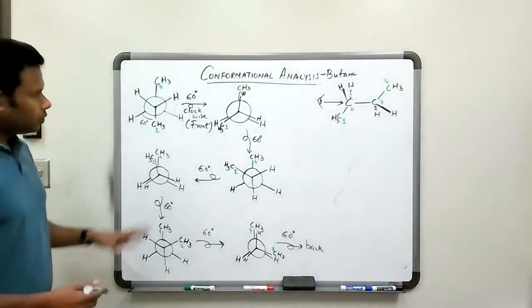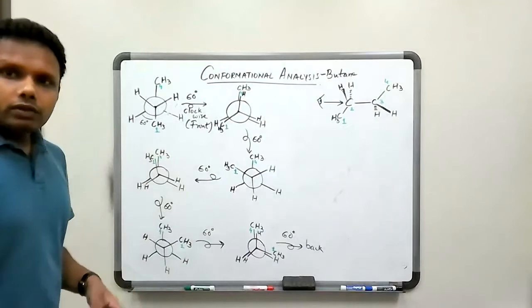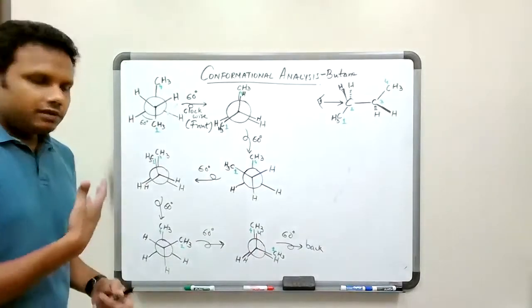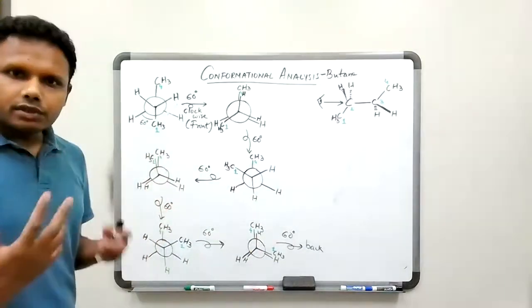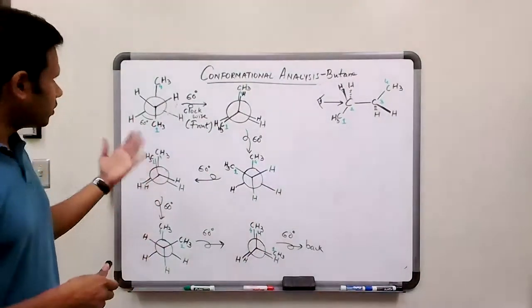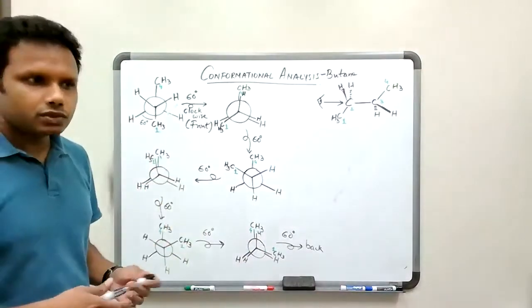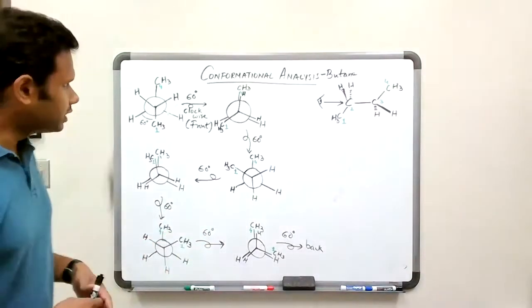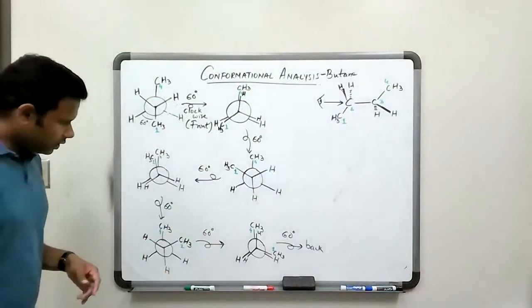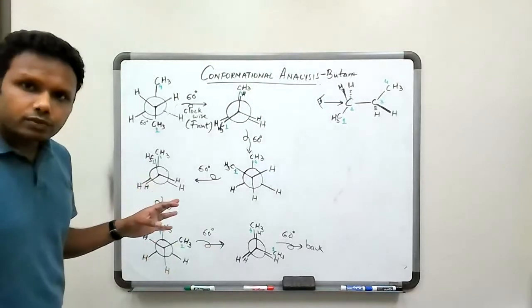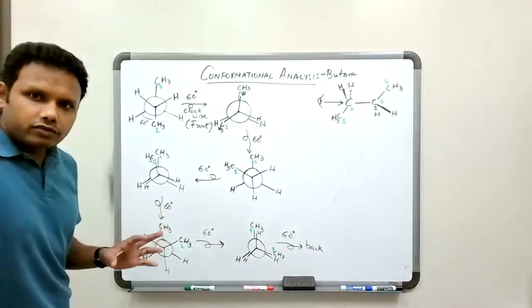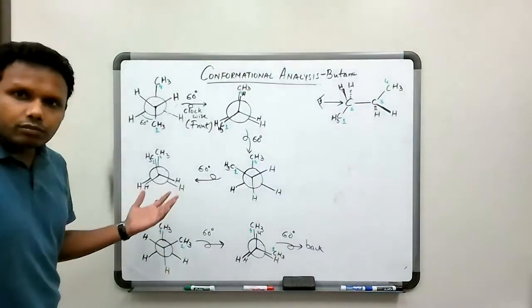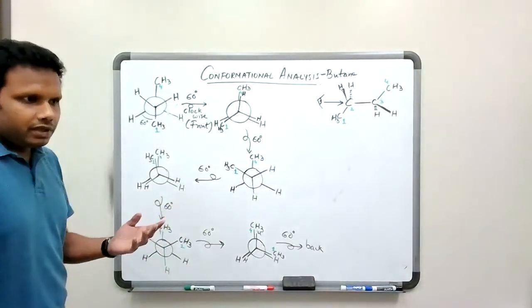Okay, so now that we have all the conformations here, we're going to evaluate their relative stabilities. Qualitatively, we're going to talk about which one of these conformations should be the most stable, which are similar, which are not, things like that. Okay, so let's start there. First, let's try to identify some conformations that are similar, or maybe identical.